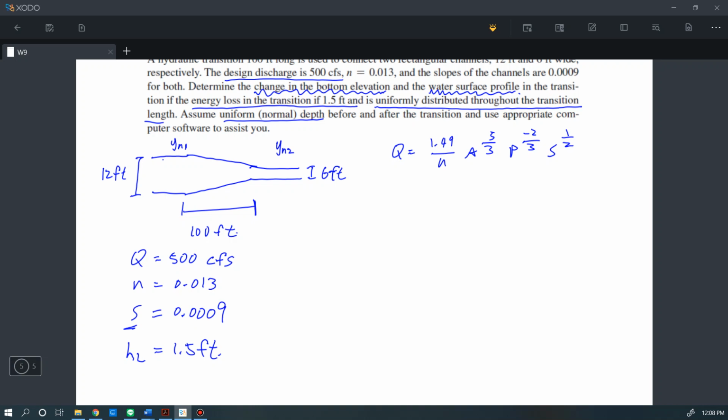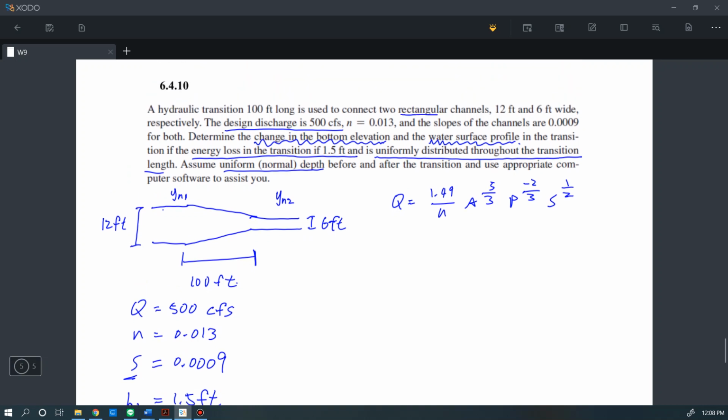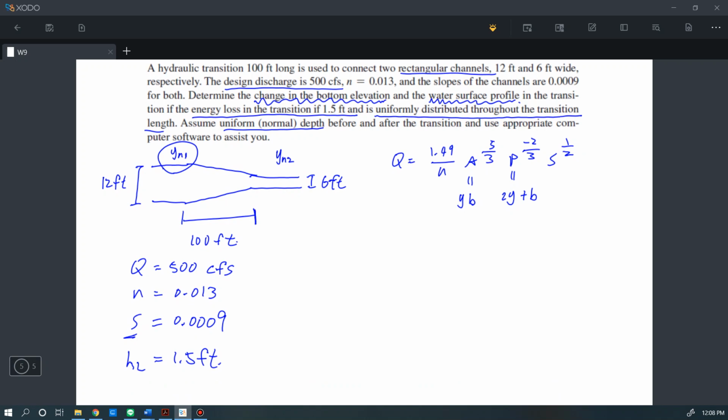Because this is a rectangular channel, we know that the area is equal to the water depth y times b, and the wetted perimeter is equal to 2y plus b. So basically this y here is the normal depth that we want to solve.